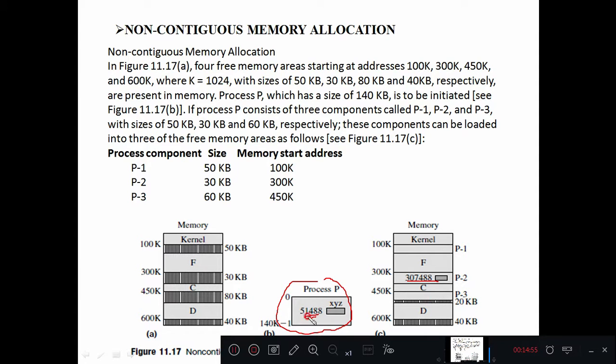So what I did here, I converted this logical address into a physical address. With the help of byte number and the component number, or you can say the starting address of that particular component, we converted the logical address into the physical address, right?